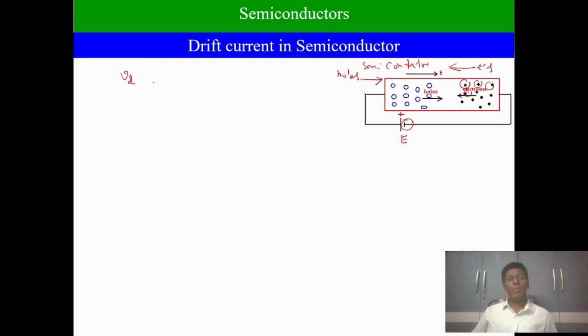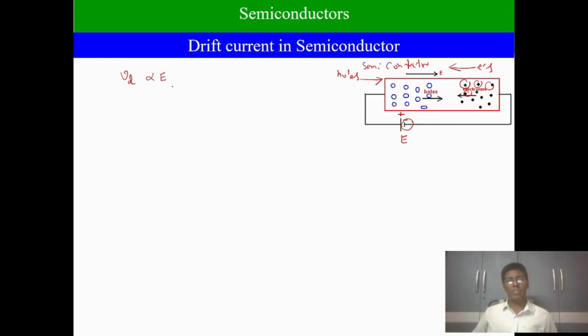It is indicated by V suffix d. The drift velocity of the charge carrier is directly proportional to the applied electric field. That means if I apply more electric field, the charge carriers move with more velocity, and if I apply less electric field, they move with lesser velocity.